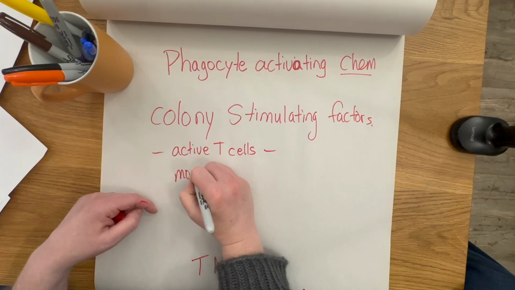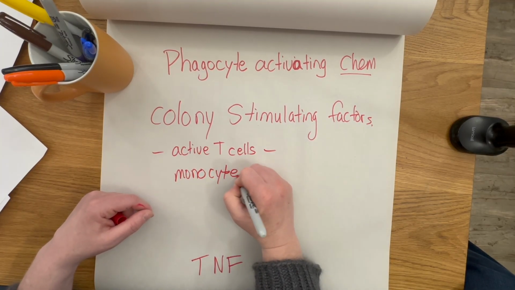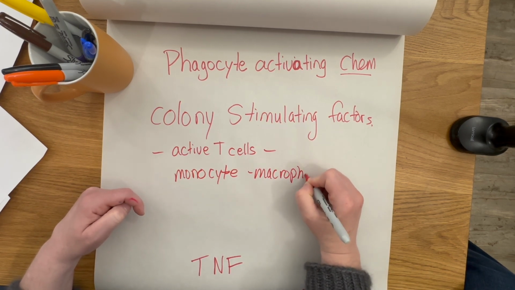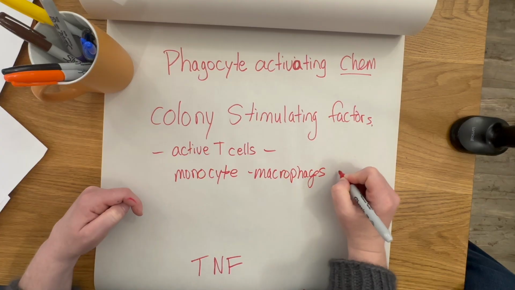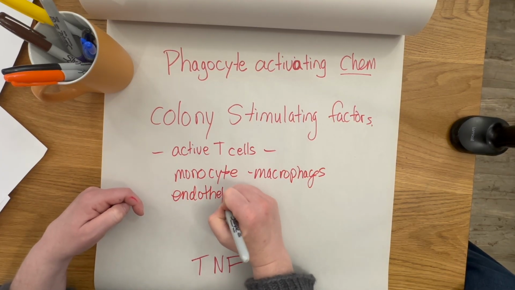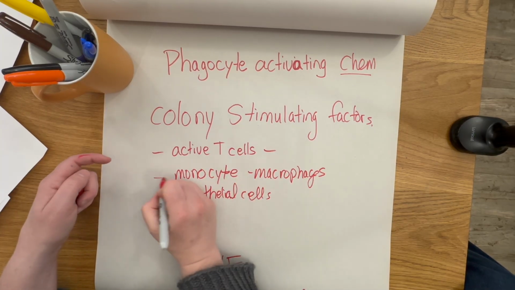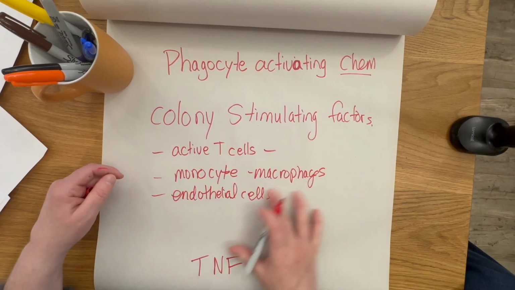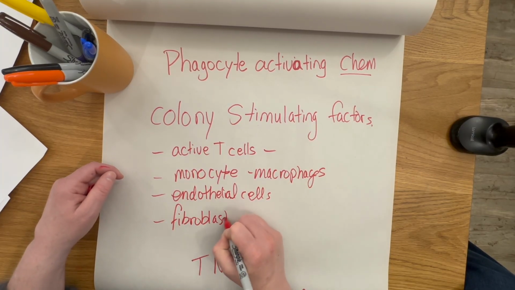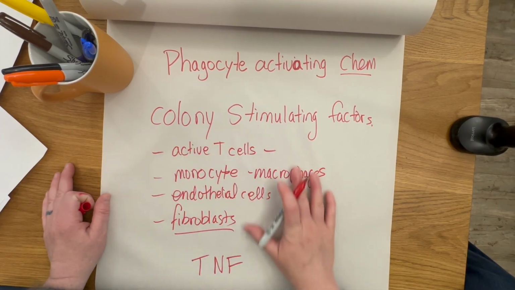So here, monocyte and macrophages and endothelial cells, which are important for healing, right? All of these, oh, and also fibroblasts, of course. Fibroblasts, which are going to help create the scar tissue and such. These are all going to be activated.